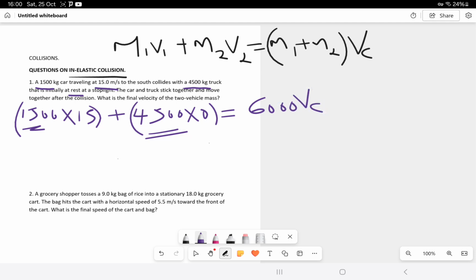So 22500 plus 0. This will go to 0 because the particle was at rest. This is equal to 6000 VC.